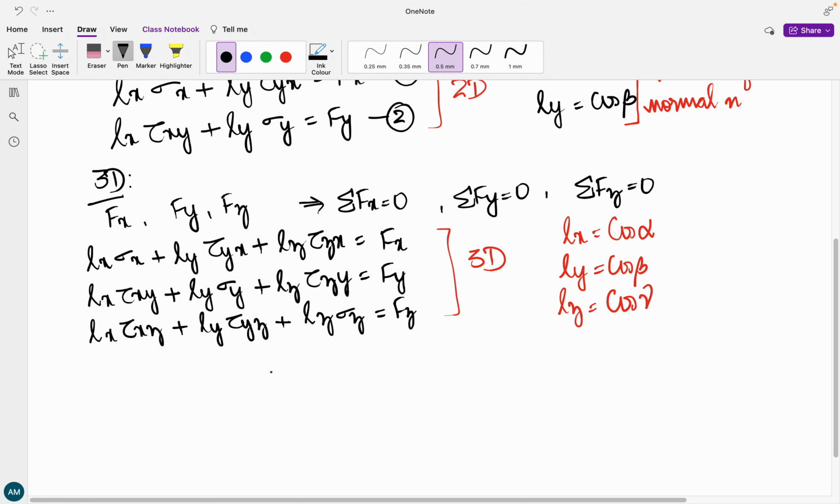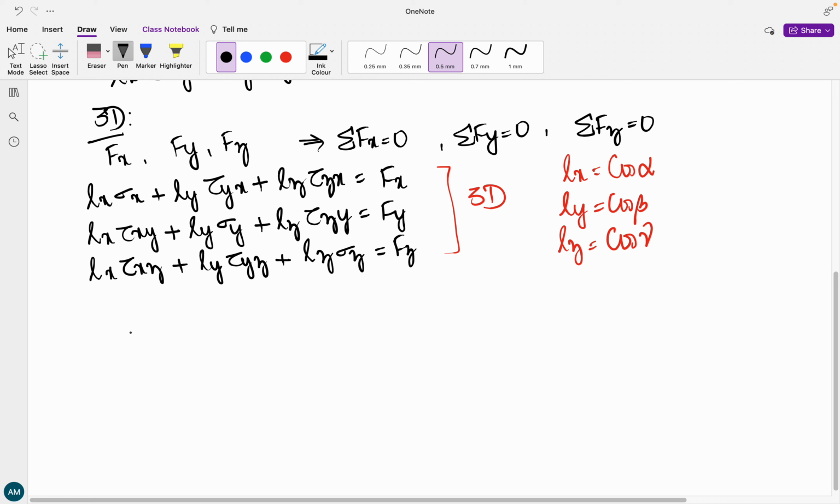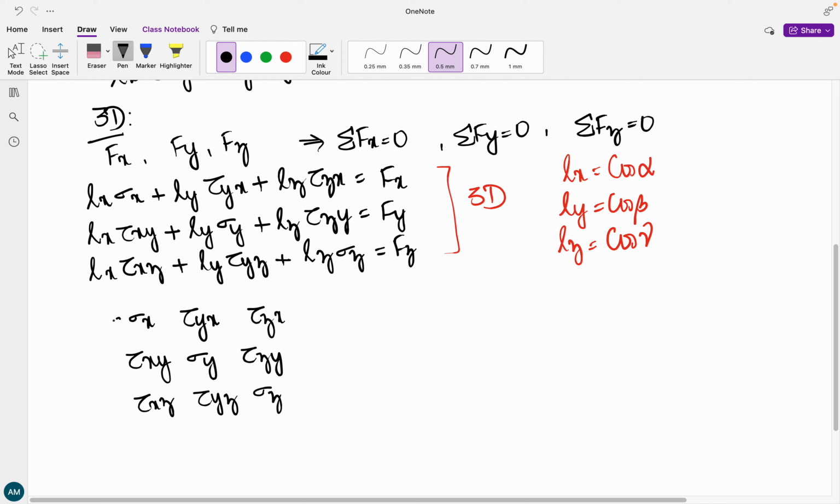So if you can see the trend over here, if I want to reduce all the 3 equations in the form of a matrix, I can definitely write it as: sigma x, tau yx, tau zx; then tau xy, sigma y, tau zy; then tau xz, tau yz, sigma z; into Lx, Ly, Lz.